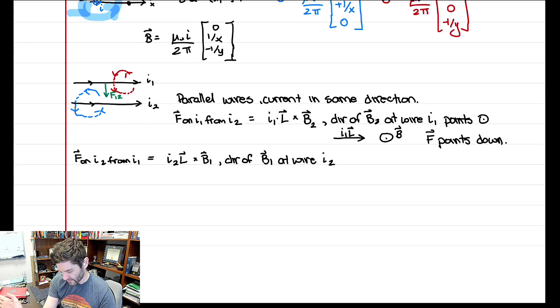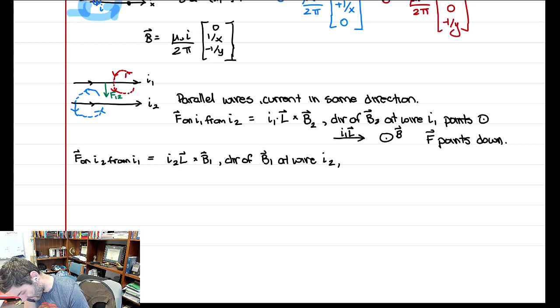I2 is going to the right, and if I think by the right-hand rule, my thumb points along the direction of I1, the magnetic field curls out of the page above I1, curls around and goes into the page below it, so it points into the page.